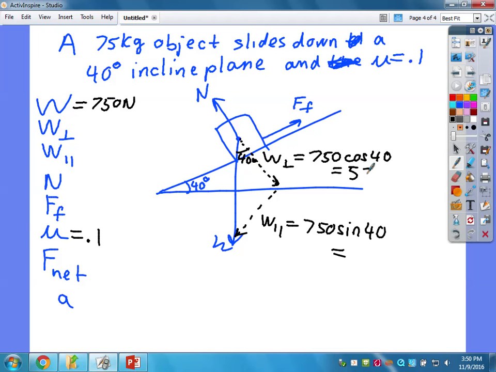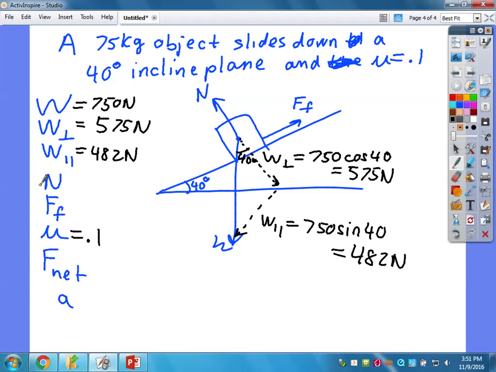I'm getting 575 for this one, and 482 for this one. Okay. Looks good. I think we're going to be okay. All right. So I have my two components, 482 newtons parallel, 575 newtons perpendicular.